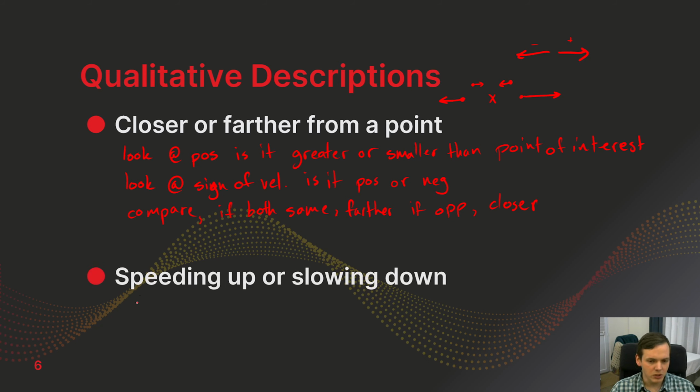Speeding up or slowing down is the same idea. Look at velocity. Is it positive or negative? Look at acceleration. Is it positive or negative? And if they're the same, speeding up.